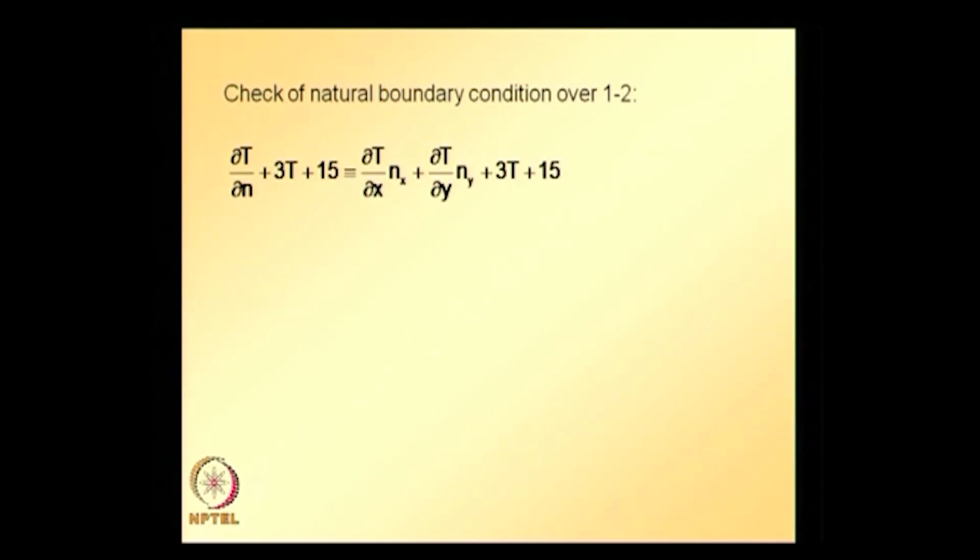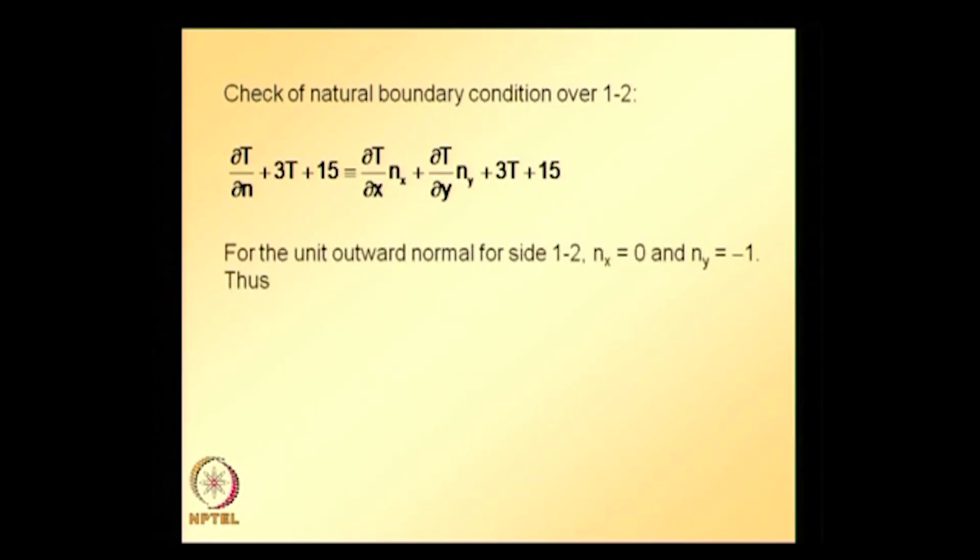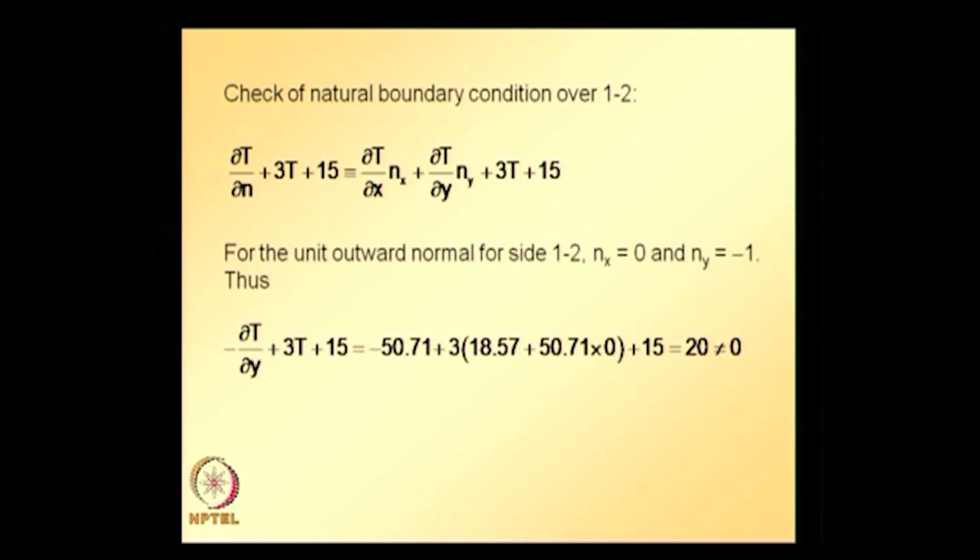So, we can write the given natural boundary condition like this, and for side 1, 2 nx is equal to 0, ny is equal to -1, substituting that we get this.